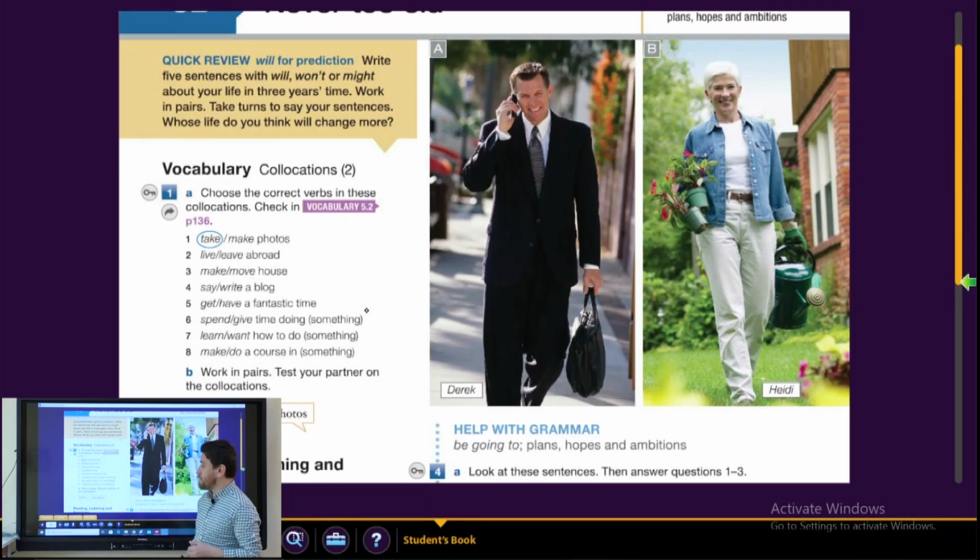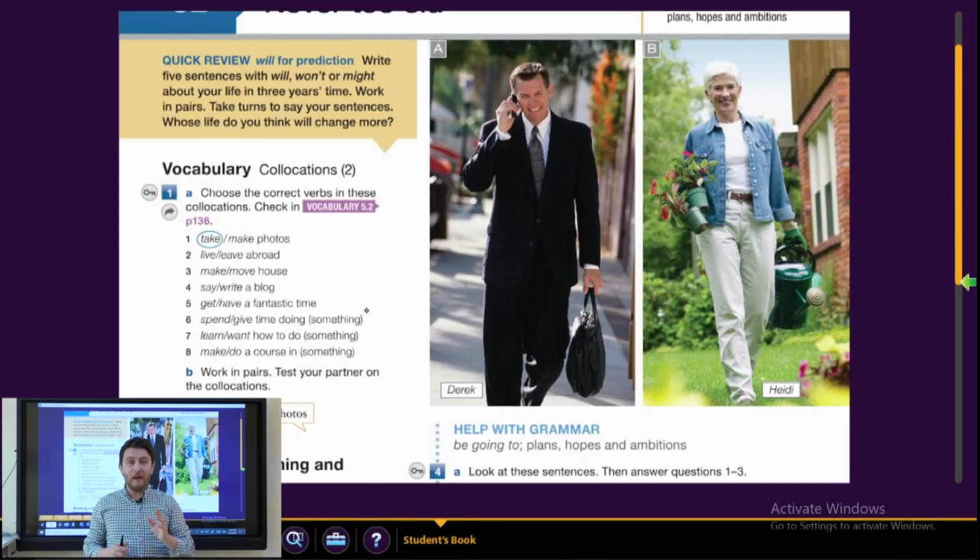Number five, get a fantastic time or have a fantastic time. You have a fantastic time. Like last year, when I went on a holiday to Marmaris, I had a great time, a fantastic time.